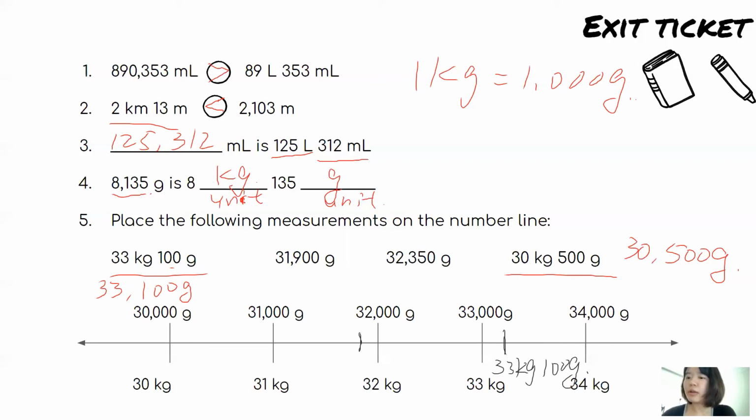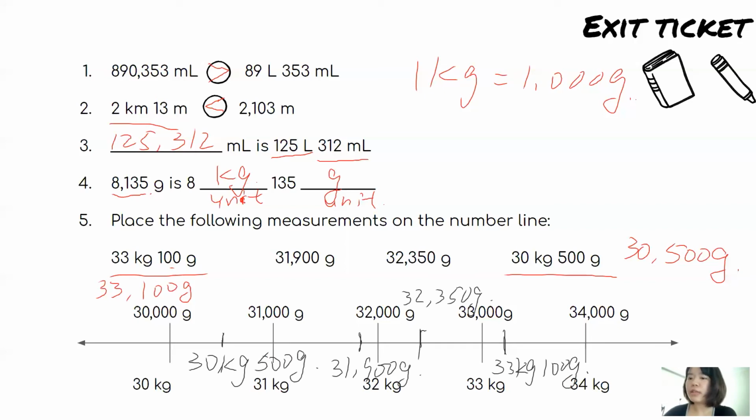So somewhere around here, 31,900 grams. Okay, and with the third one, 32,350. We know that's a little bit bigger than 32,000. So it should be somewhere around here, 32,350 grams. And the last one, 30,500 grams. So that should be in the middle between 30,000 and 31,000, which is right here, 30 kilograms, 500 grams.